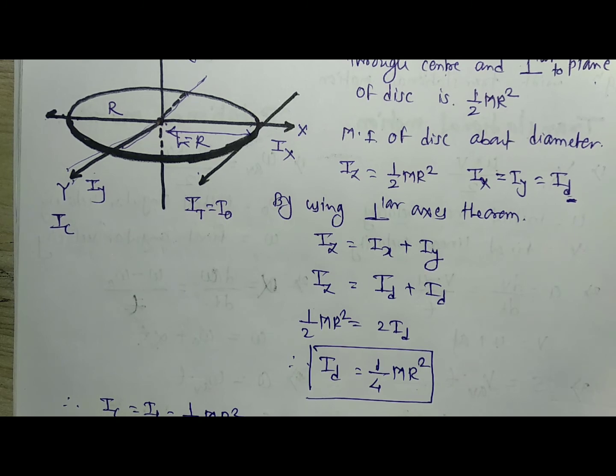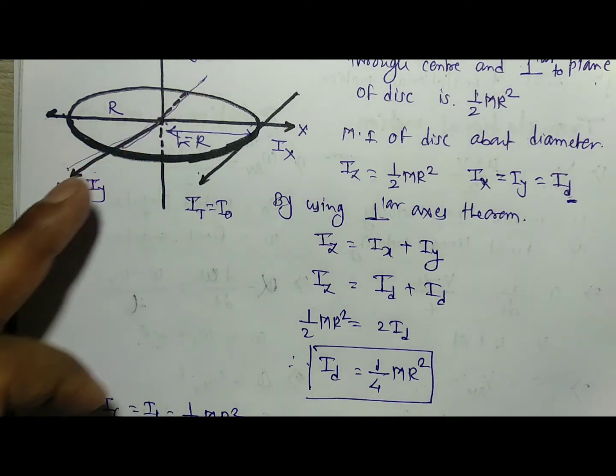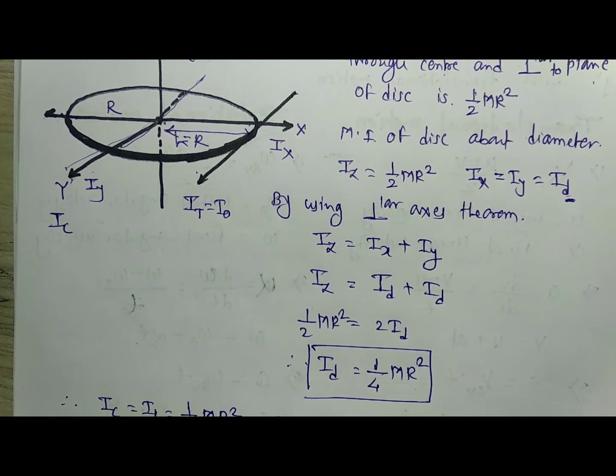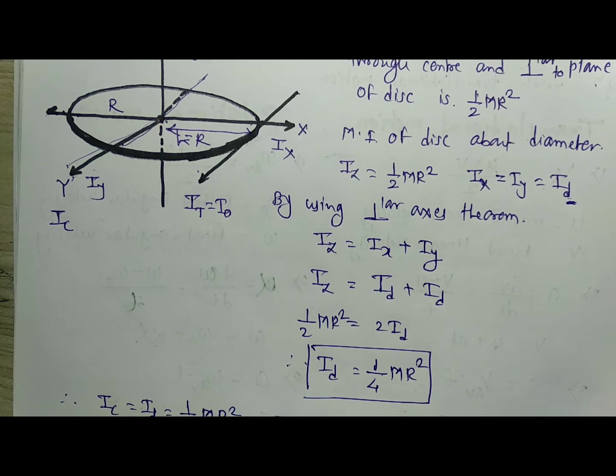We know that the moment of inertia of a ring about an axis passing through the center and perpendicular to its plane is mr square. By using this, you can calculate the moment of inertia about a diameter, about a tangent, and so on. You can determine the moment of inertia of different objects by using the parallel axis theorem and perpendicular axis theorem, with proper relations maintained between the axes.